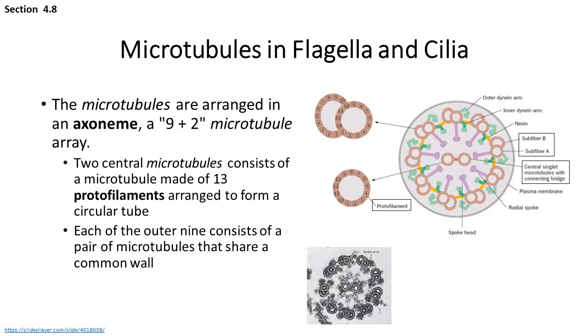Microtubules in flagella and cilia are arranged in an axoneme, which has a 9+2 microtubule array. 1, 2, 3, 4, 5, 6, 7, 8, 9 plus 2.